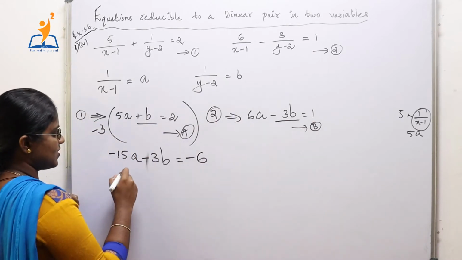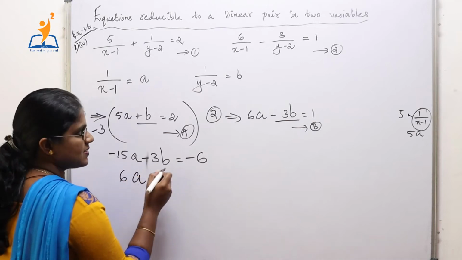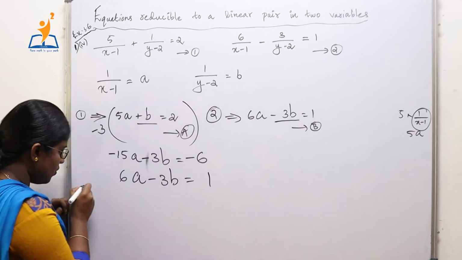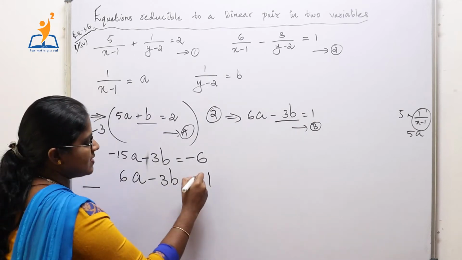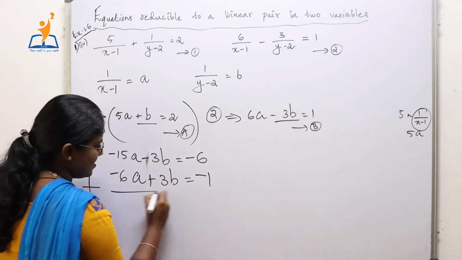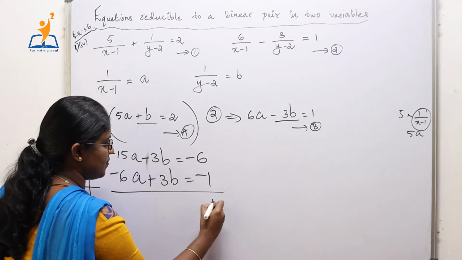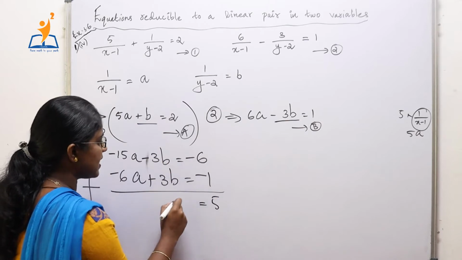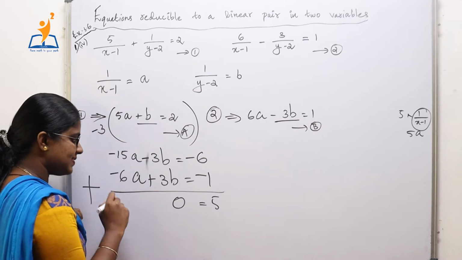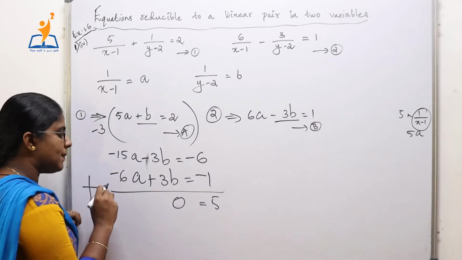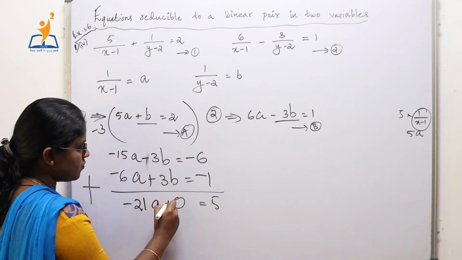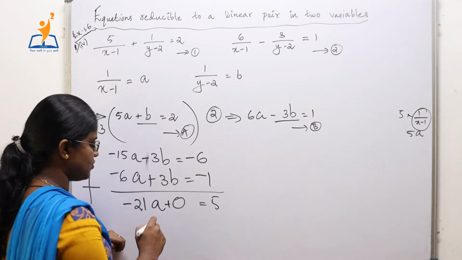So this equation is going to be written under this, that is 6a minus 3b equal to 1. So in order to subtract these equations, I am going to change the signs and then add both of these equations. 6 minus 1 is 5, minus 3b plus 3b is 0, minus 15a minus 6a is minus 21a. So minus 21a is equal to 5.